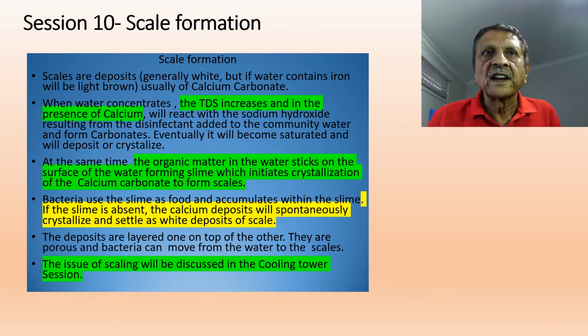The deposits are layered one on top of the other. They are porous and bacteria can move from one part of the scale to another, and they are able to survive even reasonable disinfectants that may be added to the water. The issue of scaling will be discussed more in the cooling tower sessions.